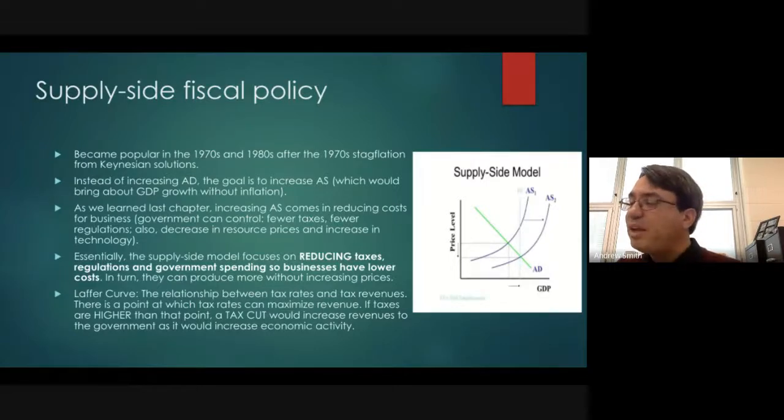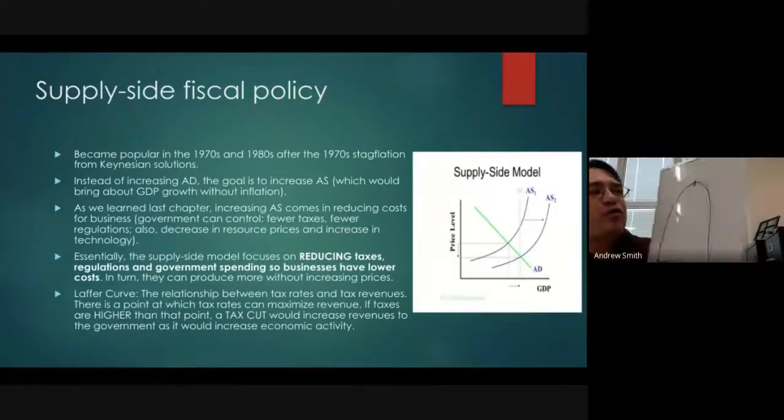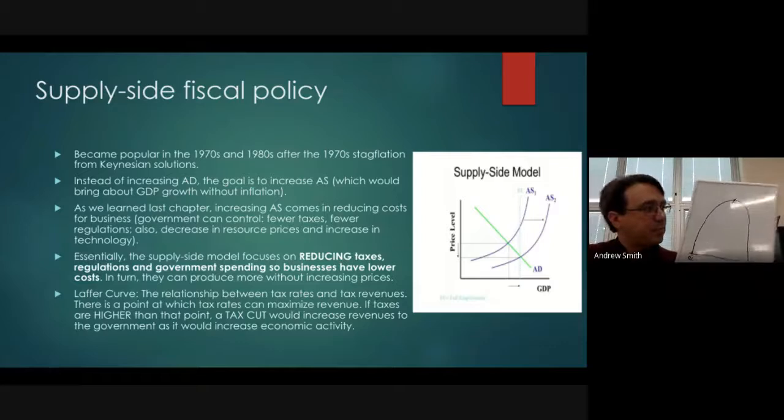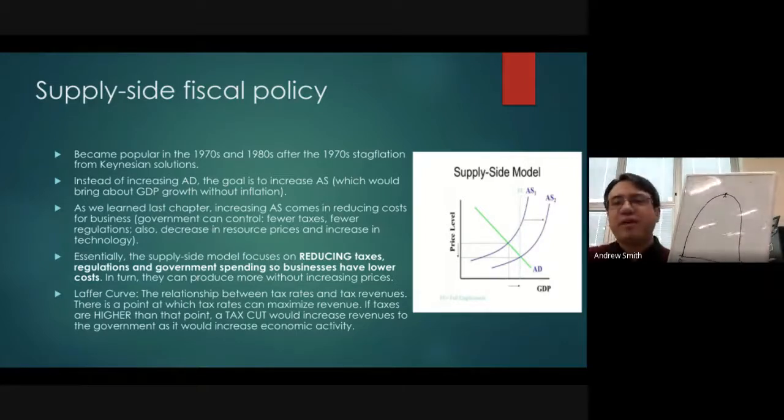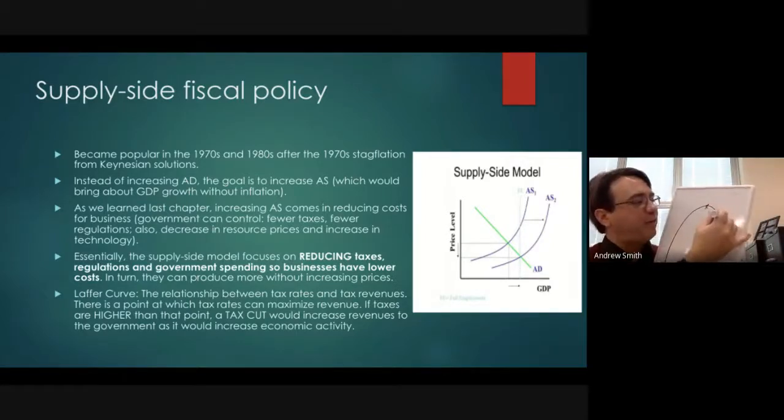But there is a point in between at which the government will maximize its tax revenue. And if the tax rate is too high, what will happen is that cutting taxes, let's say tax rates here, cutting taxes will actually increase the amount of revenue to the government.